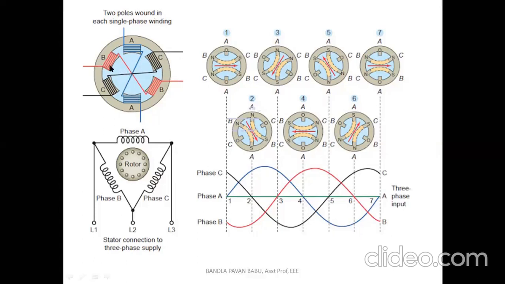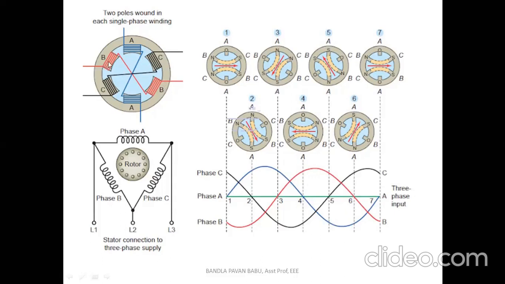Suppose we consider position A, if the current is entering and it is leading to the A dash, then it appears like a north pole and here it is a south pole. Similarly for Y phase, or consider it as B phase, here the red color indicates the current inward direction and it leads to B dash.